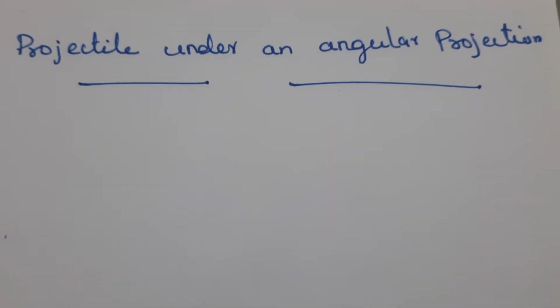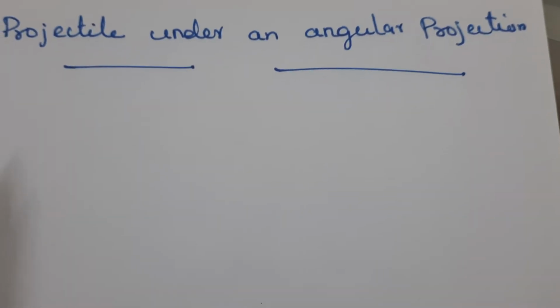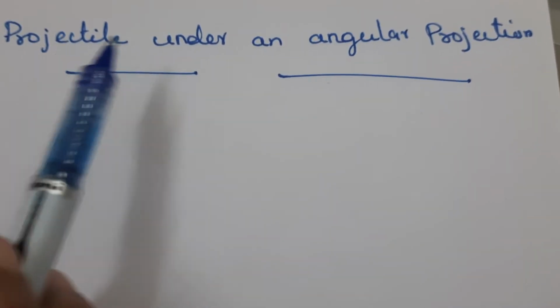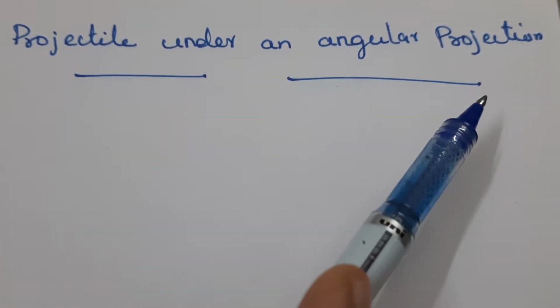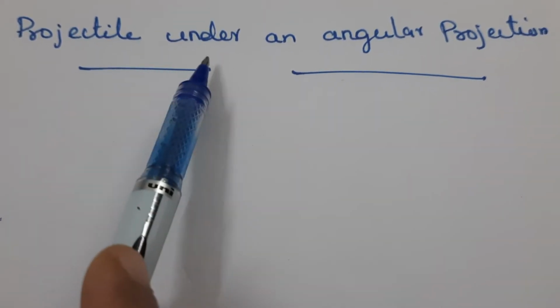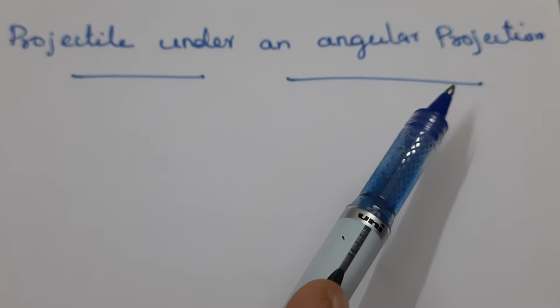Today's topic is the second type of projectile motion, that is, projectile under an angular projection.